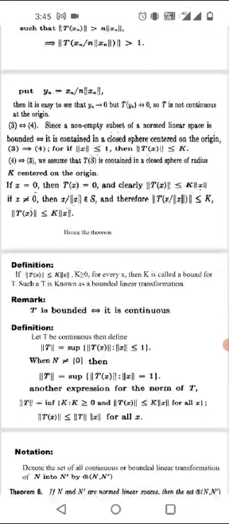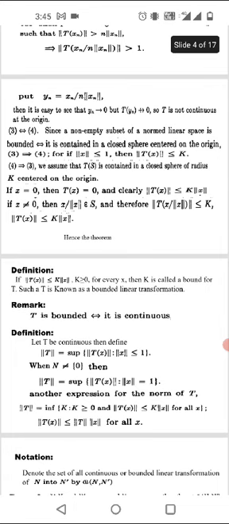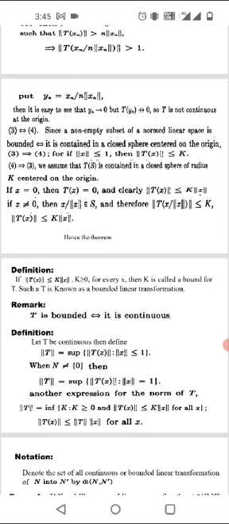If x equal to 0, then T of x equal to 0, and easily norm of T of x is less than or equal to k times norm of x. If x is not equal to 0, then x divided by norm of x belongs to S, and therefore norm of T of x divided by norm of x is less than or equal to k. Therefore norm of T of x is less than or equal to k times norm of x.